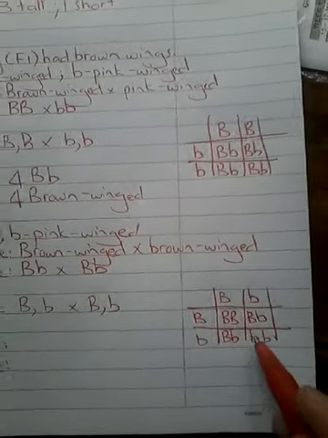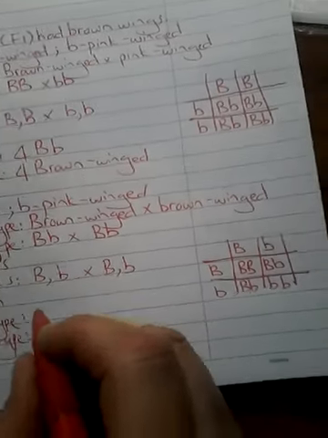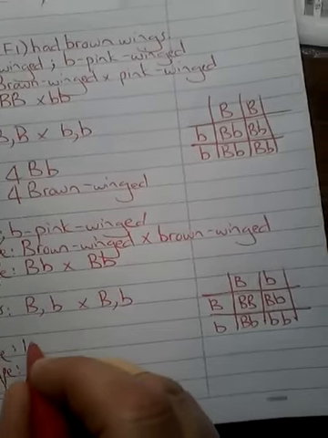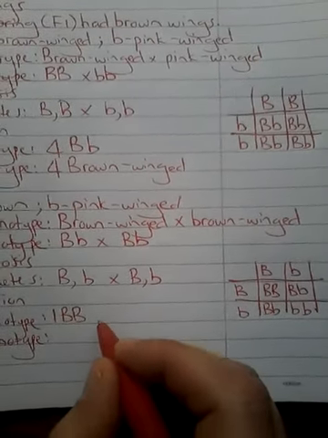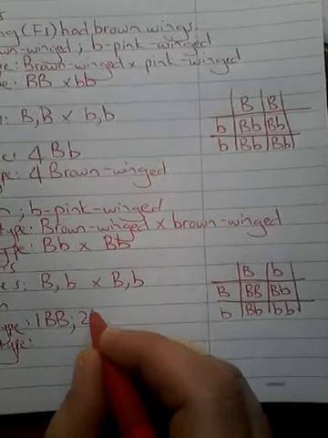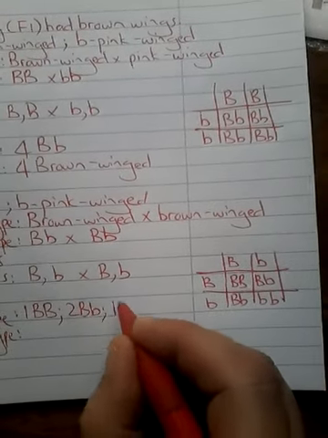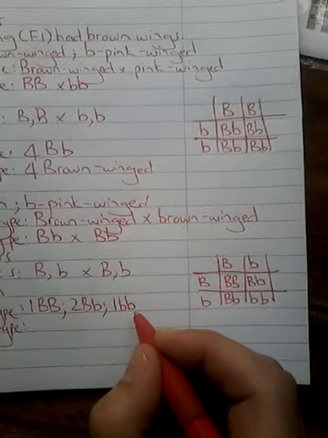We will write our results over here by genotype. We have 1 double big B, 2 big B small b, and 1 double small b, homozygous recessive.